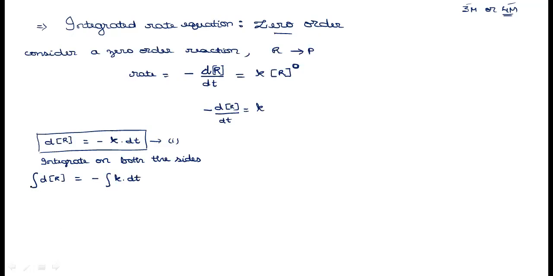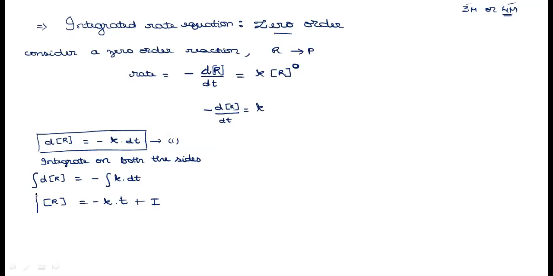Now the solution of integration of dR is R, minus K is a constant, and integration of dt is t plus, as we are taking a constant in the integration, the integration constant can be given as I or C.